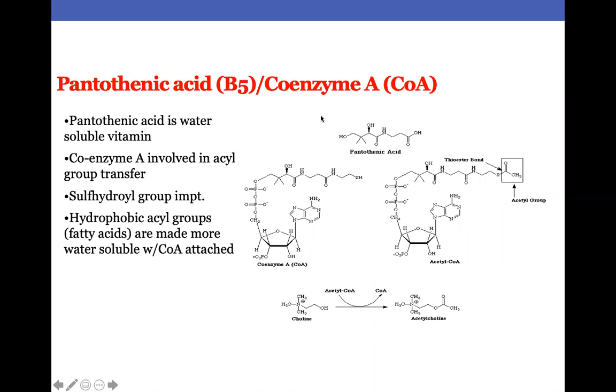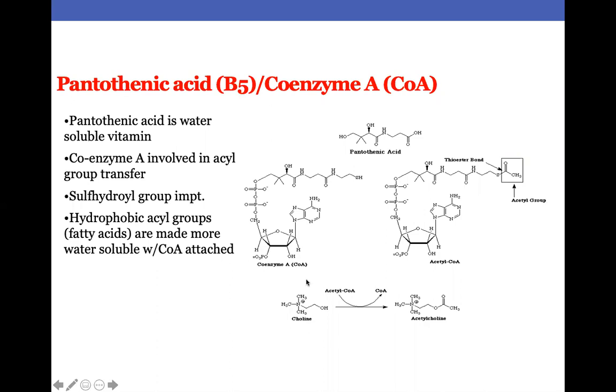For vitamin B5, the way that I remember this is that pantothenic kind of sounds like pentagon. Pentagon has 5 sides, and so I can remember that it's vitamin B5. If I convert vitamin B5, I can get this structure over here called coenzyme A. I believe you guys already know what coenzyme A is. You use coenzyme A to make acetylcholine, so it kind of makes sense. You can literally get it from the name.